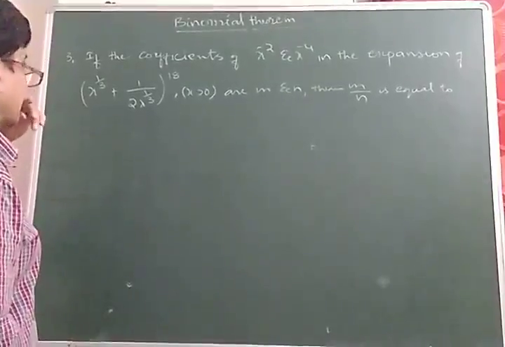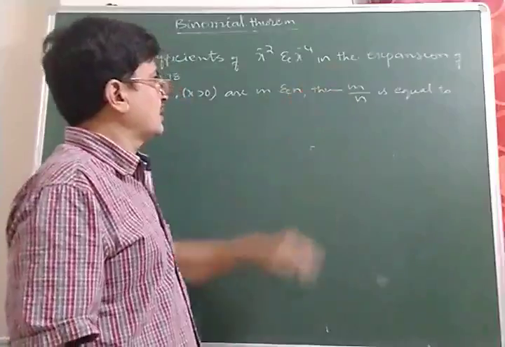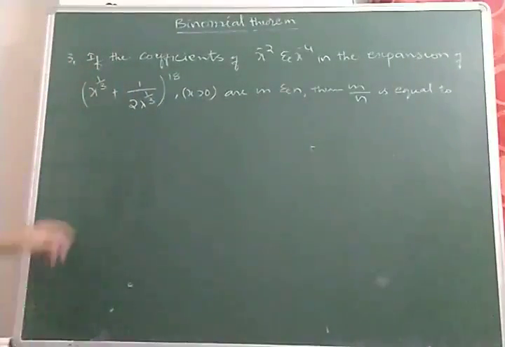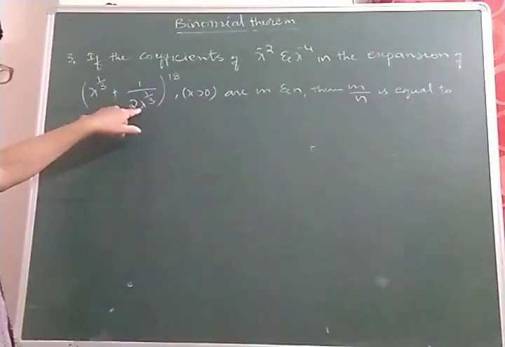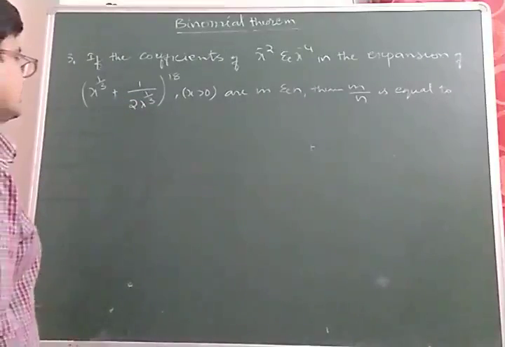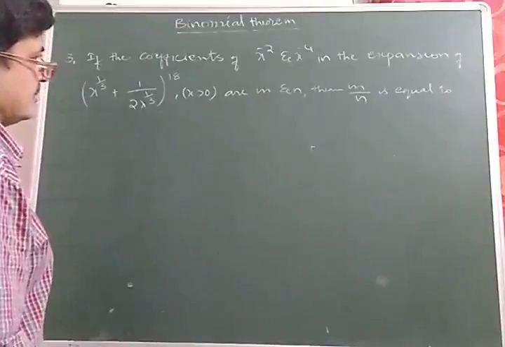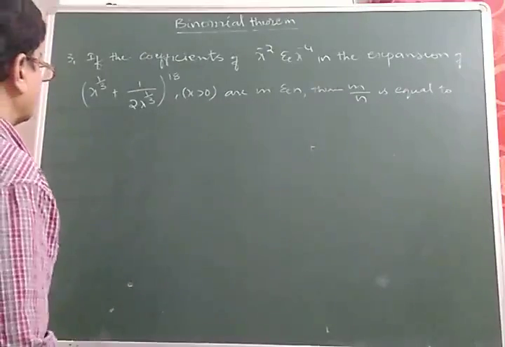Third question. If the coefficients of x power minus 2 and x power minus 4 in the expansion of (x^(1/3) + 1/(2x^(1/3))) whole power 18, when x greater than 0, are m and n, then m by n is equal to.